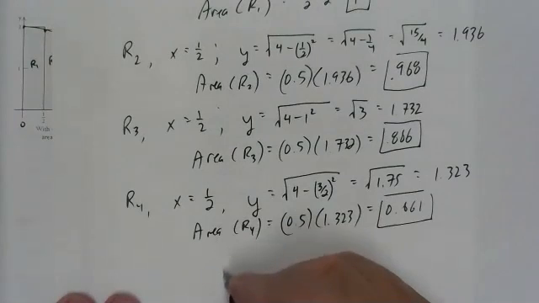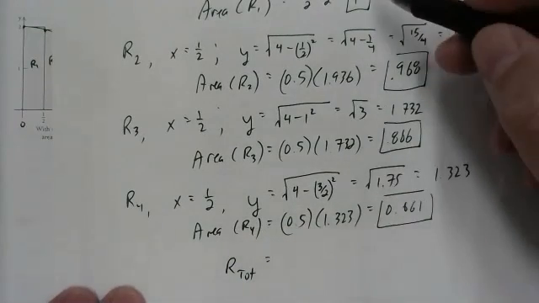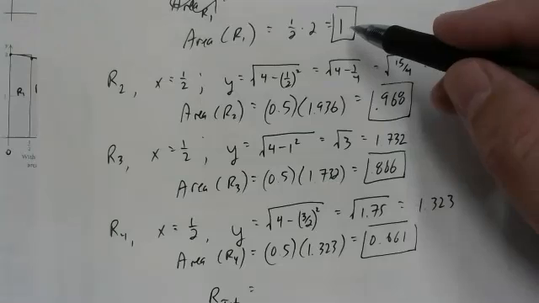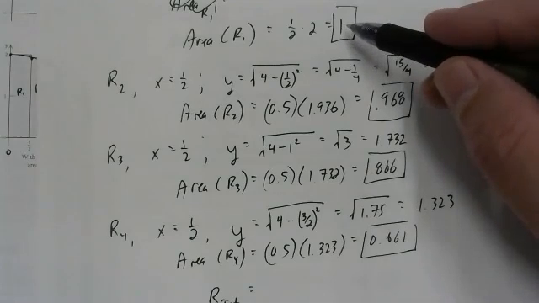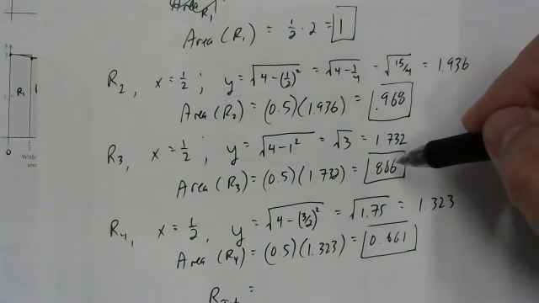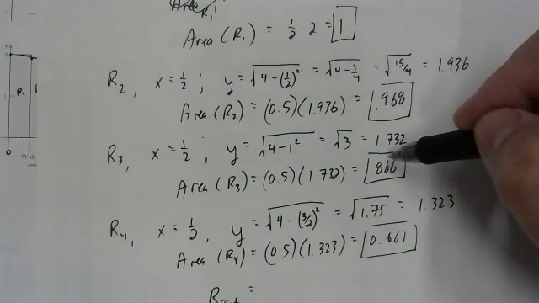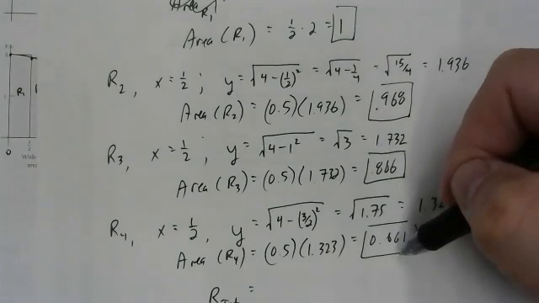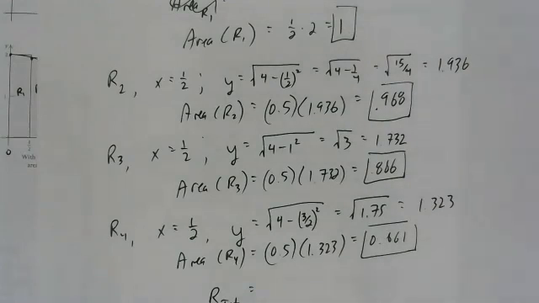Now I just add them up. So 1 plus 0.968 plus 0.866 plus 0.661, that's 3.495.